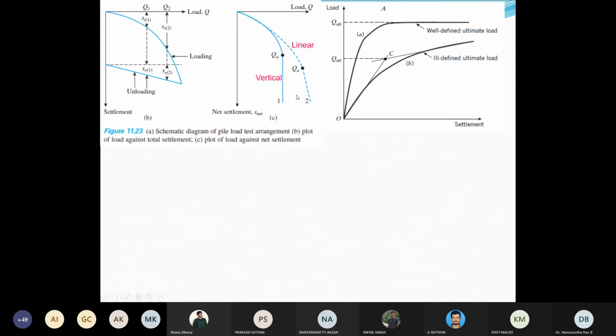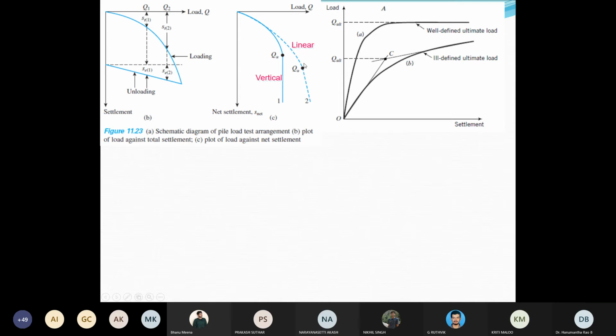Now depending upon the soil type, you may get a perfect bilinear relationship, or after application of a certain load it becomes a perfectly vertical curve. So wherever you can see a distinction in the pile behavior or in the graph behavior, that can be interpreted as the ultimate bearing capacity of the pile.